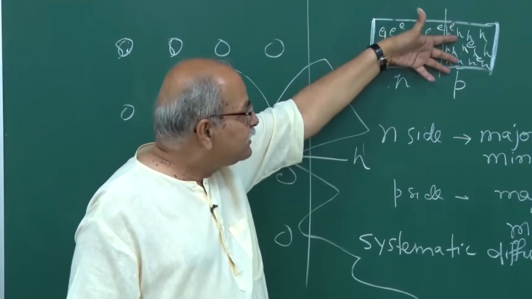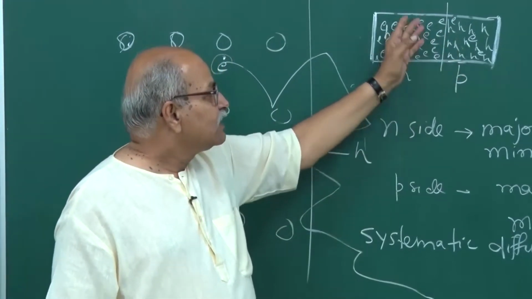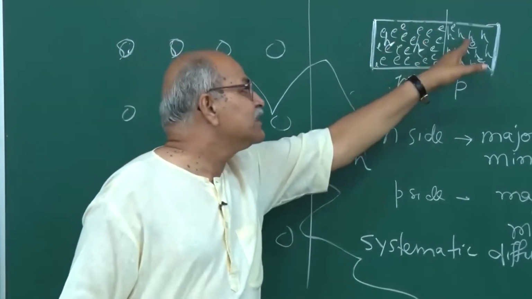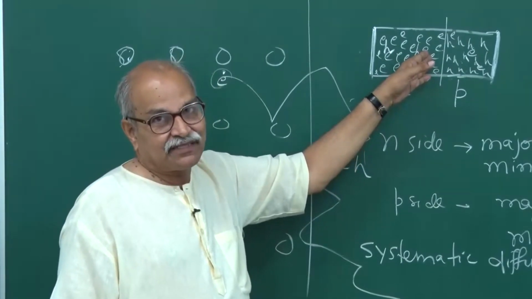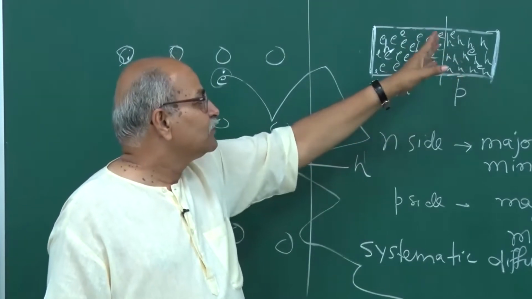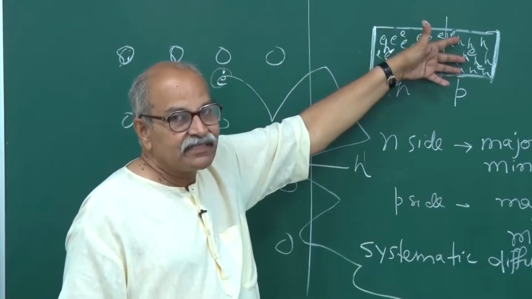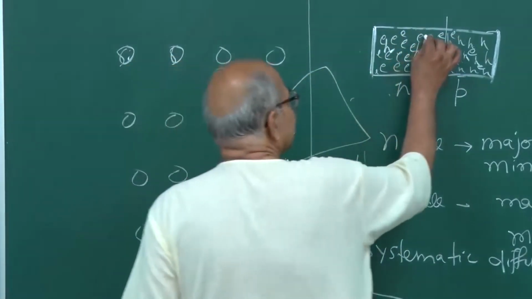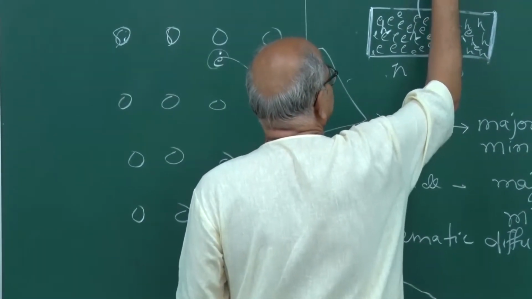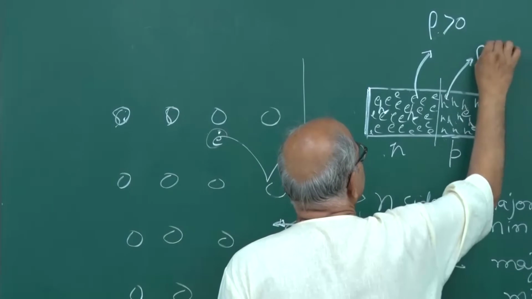They will create a negative charge density here, and then these holes going from right to left will create a positive charge density here. Electrons leaving itself is creating positive charge density. So, both ways, holes coming from here, electrons going from here, both ways you will have positive charge density on this side and negative charge density on this side. So, you have a charge appearing, rho which is positive here, and a charge appearing here, rho which is negative.